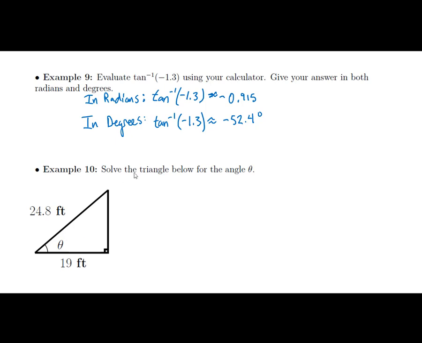All right, this one asks us, solve the triangle below for the angle theta. So we want to find this angle theta here. Let's start this off not by jumping straight to inverse trig functions, but let's just look at what we're given in relation to this angle. Well, we're given the adjacent side, I suppose, and the hypotenuse.